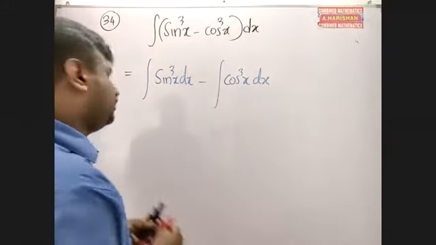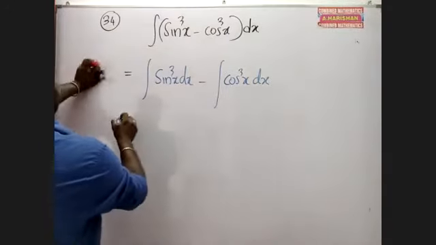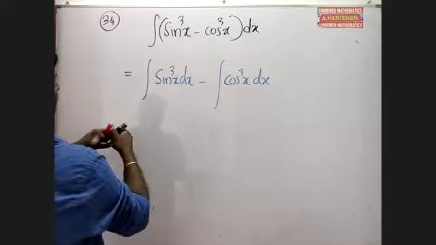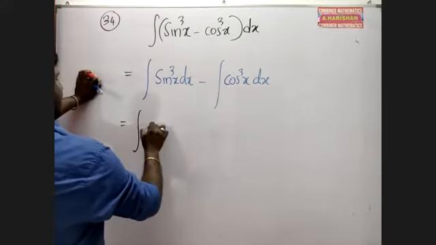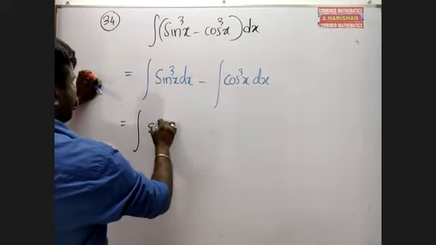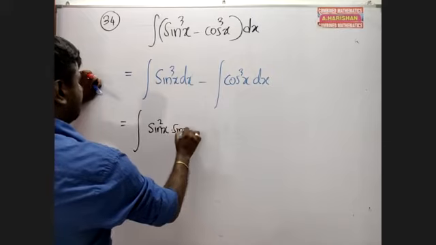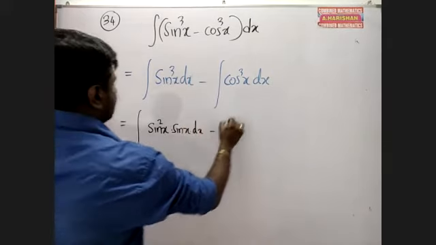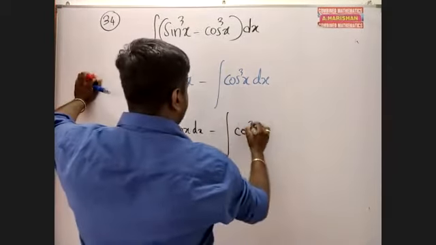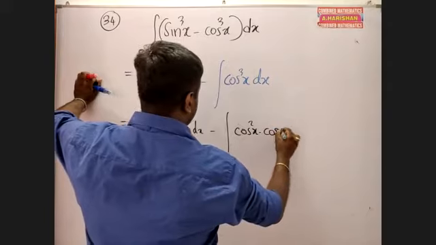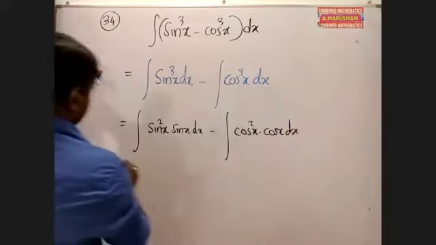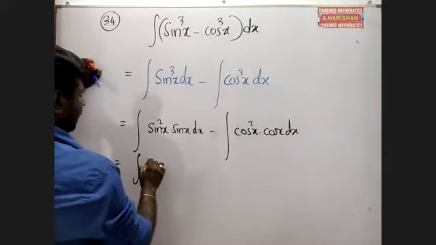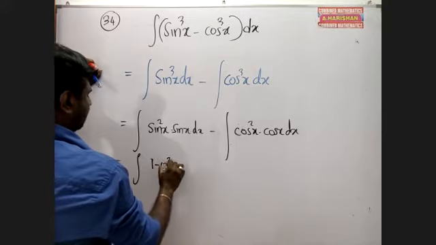So last class also we did that. So now I can keep one sine square x into sine x dx, right? Similarly, cos square x into cos x dx. No problem. So I can write this sine square x as 1 minus cos square x.